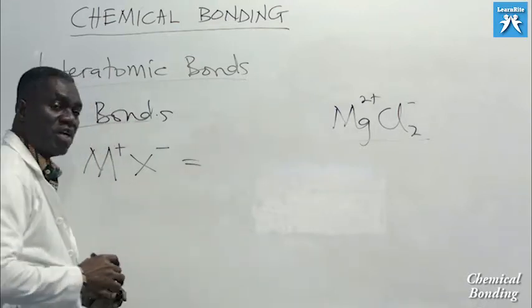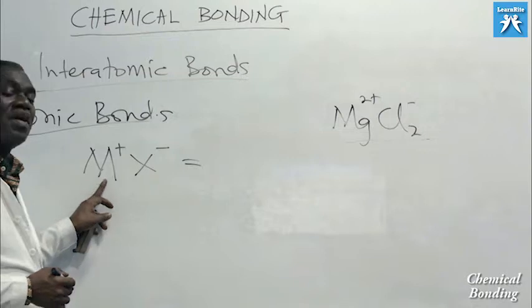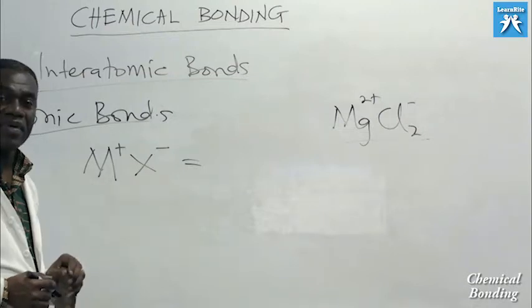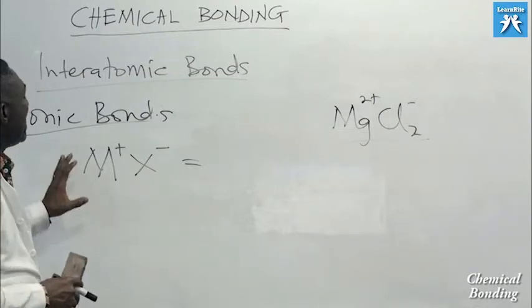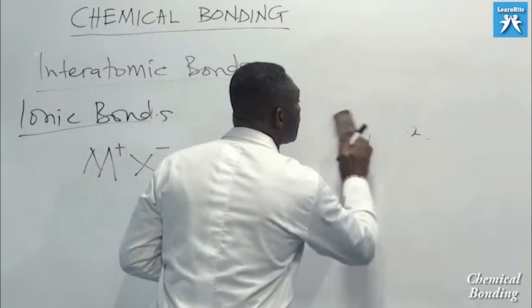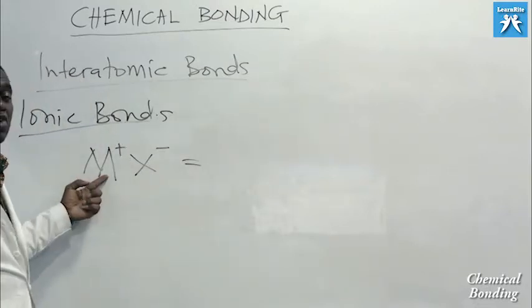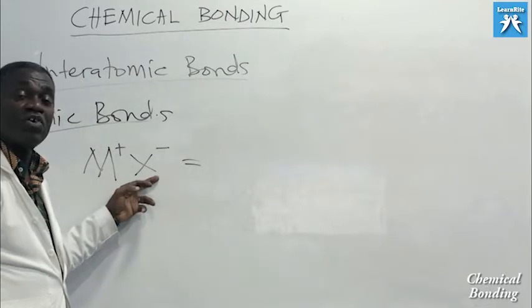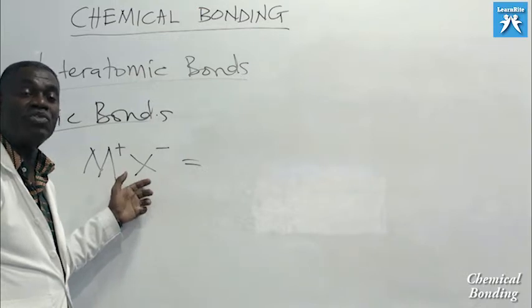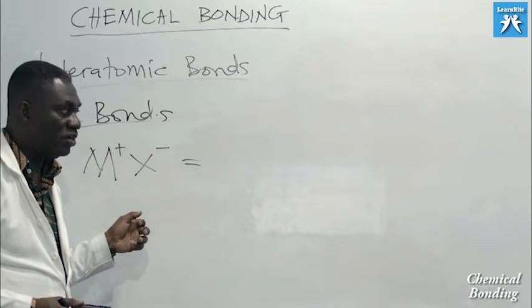Get this very well. This simply means that this is a group 1 element and that is a group 7 element. So any formula that you can write out of this, any chemical combination, you pick a group 1 element and pick any of the group 7 elements. You put them together, and you are right in forming an ionic compound.